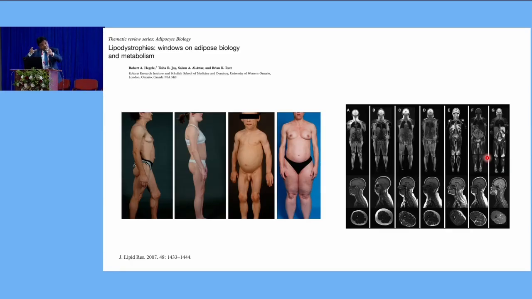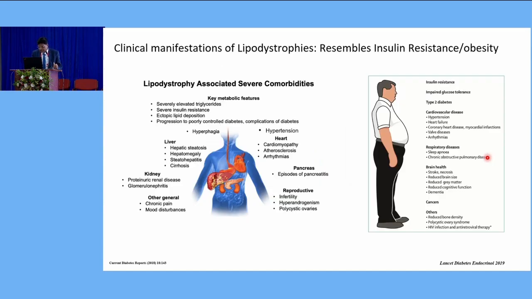The problem was running in the families, linkage analysis was done with gene mapping, and a syndrome was identified. So there are different patterns of fat loss, some with upper limb loss, lower limb loss, and on imaging they all can be demonstrated. I will not go into the detail of all those things.